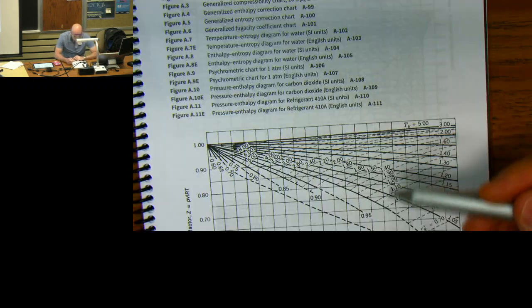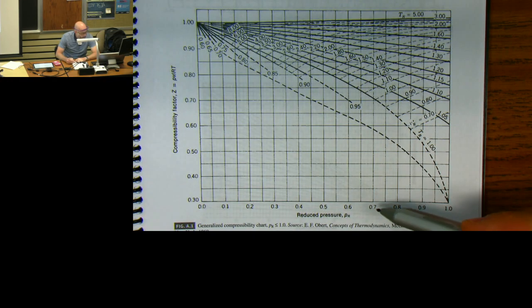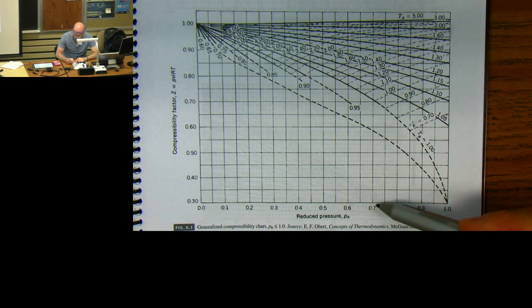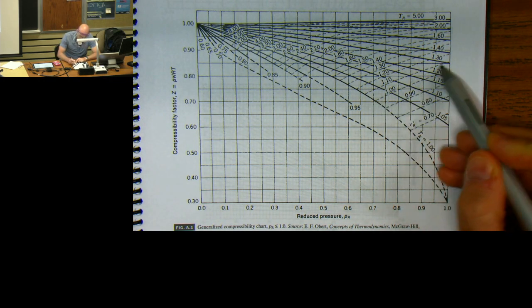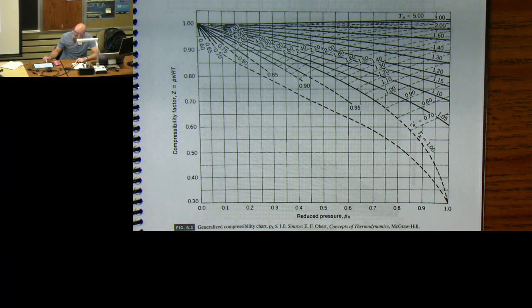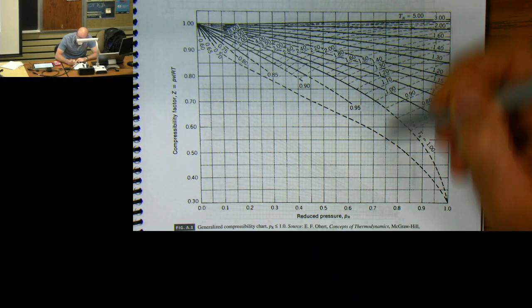So figure A1, my reduced pressure is 7.06. Okay, it's really, really close to 7. And then for my pseudo-reduced specific volume, it's going to be these dashed lines that are going up here at an angle, and I'm at 1.447 or about 1.45. So I'm going to be between these two dashed lines here.